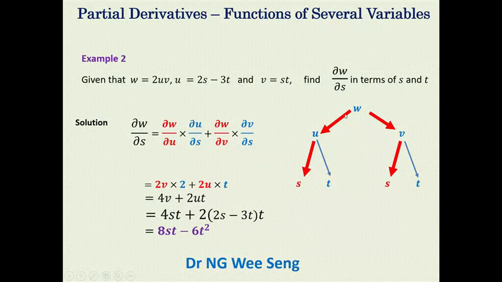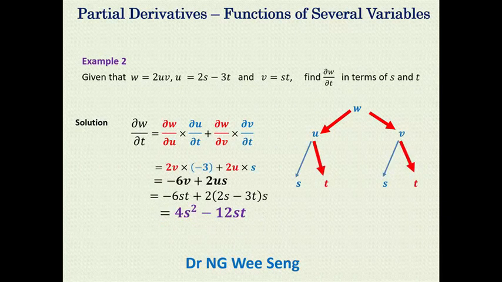We look at all those paths connecting W and S. And we find all the derivatives required in this formula and simplify. Answer has to be in terms of the new variables S and T. We do likewise for ∂W/∂t, this time taking those paths connecting W and T.